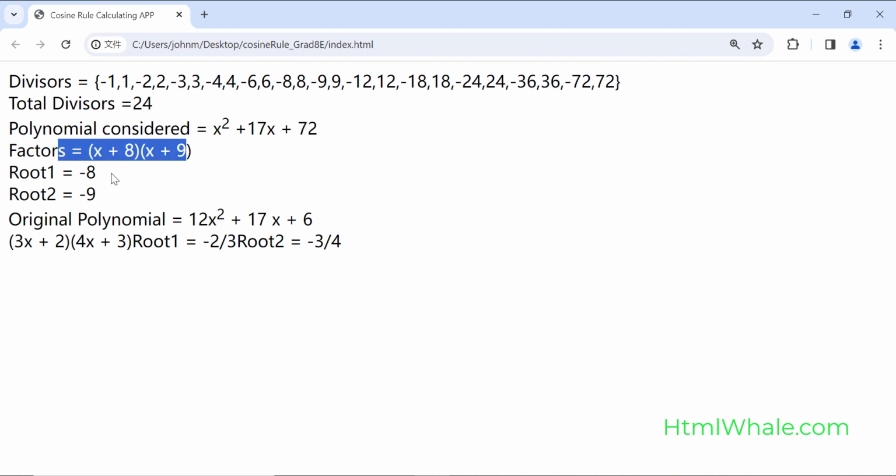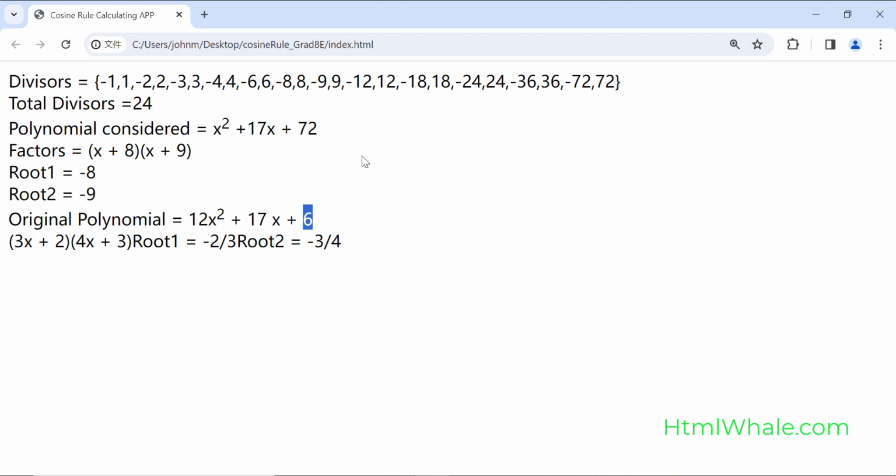This is the factor, these are the roots, this is the original polynomial required, and this is root 1, that's absolutely correct, and this is root 2. Now this 72 was obtained because we multiplied the original constant 6 with 12. So that is the reason that we got 72 there.